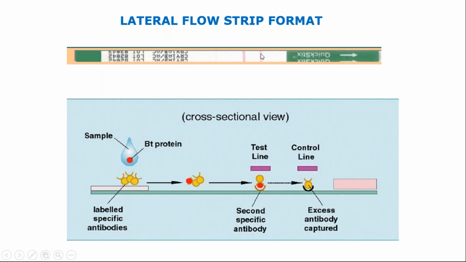If you have a negative, you must get 1 line, because these labeled antibodies will not have bound to any protein, and they have to move right across the lateral strip and only bind with the excess antibody captured here. So this is a fail-safe system which has been incorporated into the lateral flow strip, but it is based on an antigen-antibody reaction.